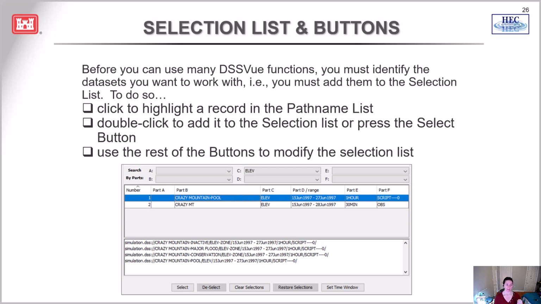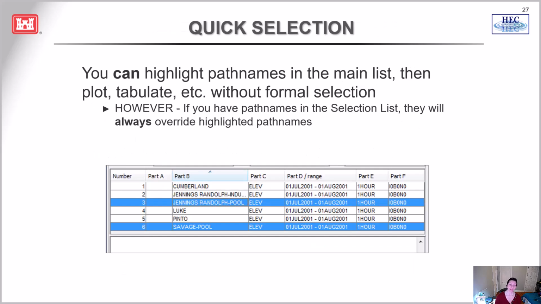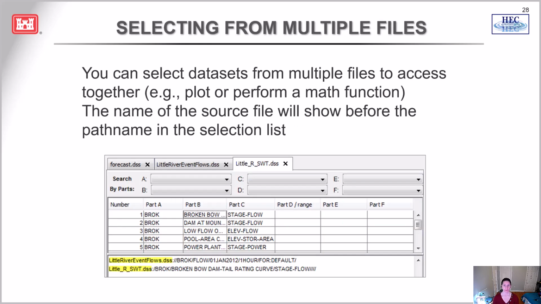So if you were to graph what you see here with one highlighted and the rest in the box, you would only get the information that is located in the box. You would not get that highlighted piece of information. So that's very important to remember moving forward: your formal selections will always override your soft selections, which are just the highlighted selections in your data catalog.